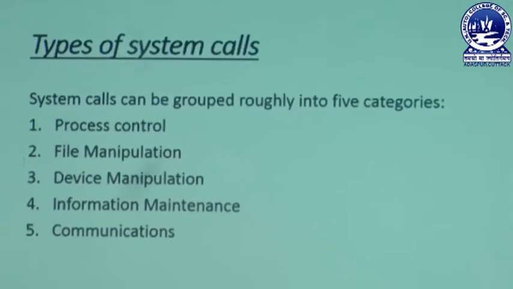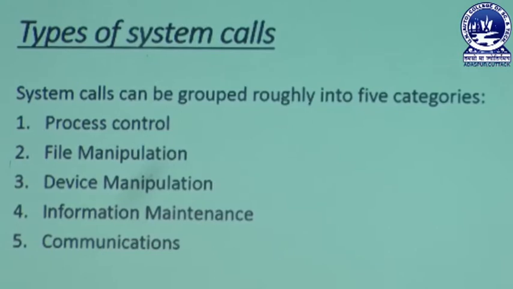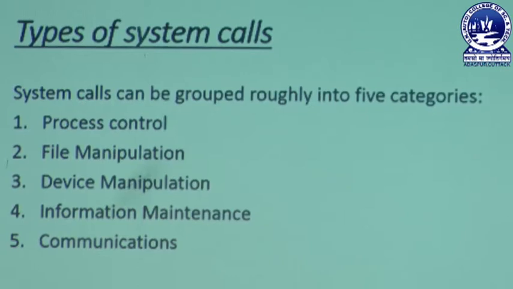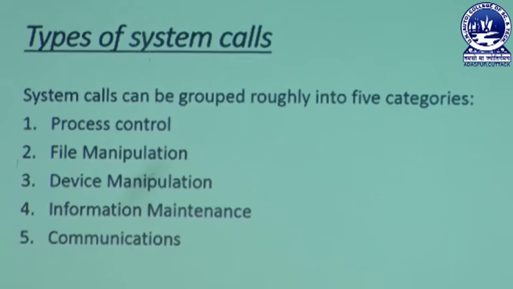Next is types of system calls. There are many types of system calls available in the operating system. Thousands of system calls are running to perform a simple task. System calls can be grouped roughly into 5 categories.